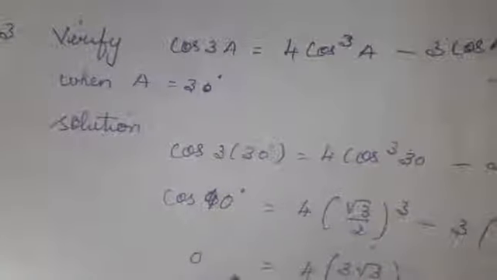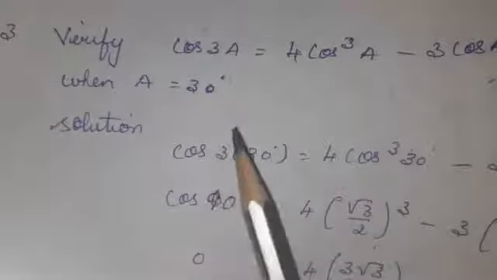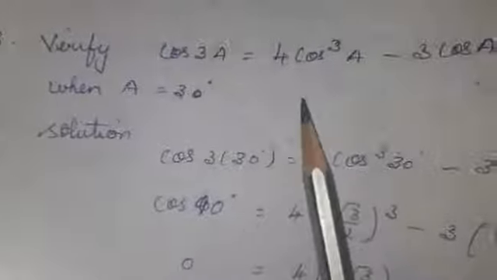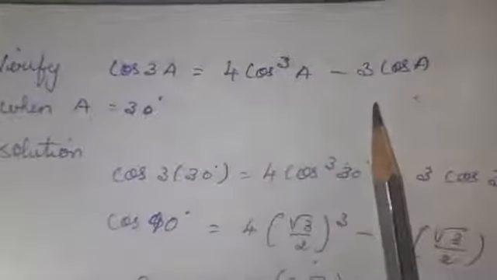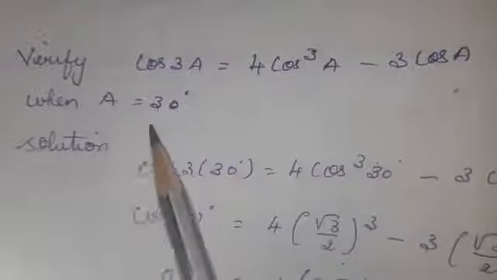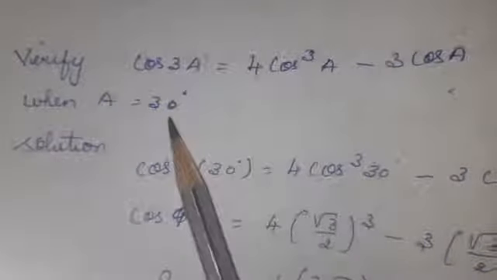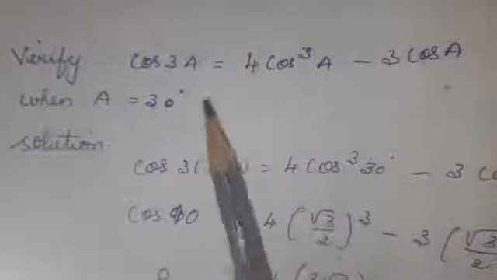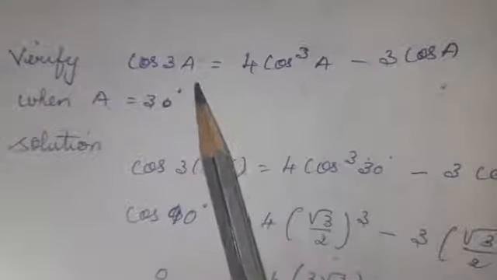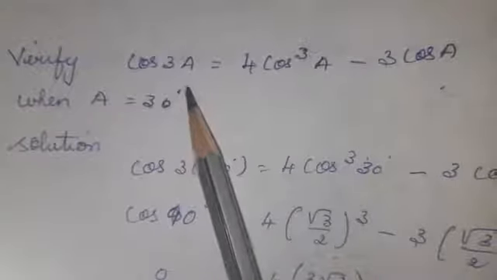Third question. Verify cos 3a is equal to 4 cos cube a minus 3 cos a when a is equal to 30 degree. In this question they gave the a value as 30 degree. You should apply that wherever a is present, put 30 degree.